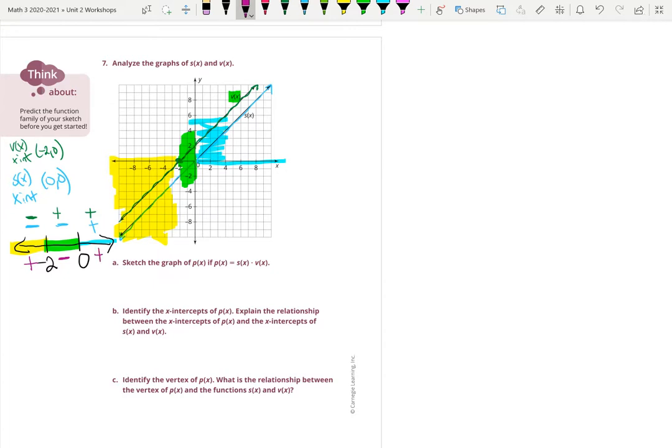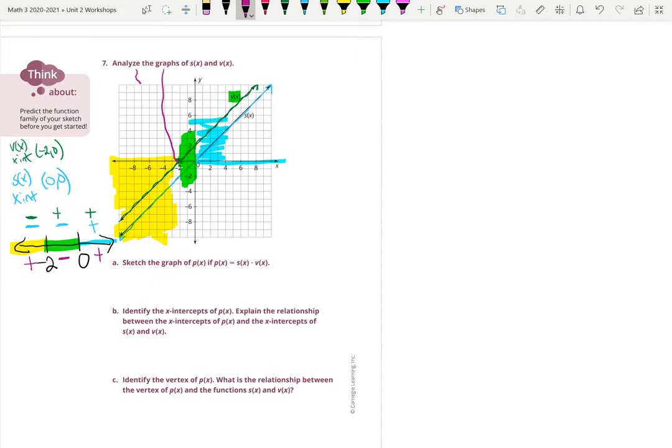So when I sketch through this, what I'm going to do is follow the behavior. In the yellow region, it is going to be positive up to the 0. So I'm going to use purple to represent the positive. So it's going to look something like so.